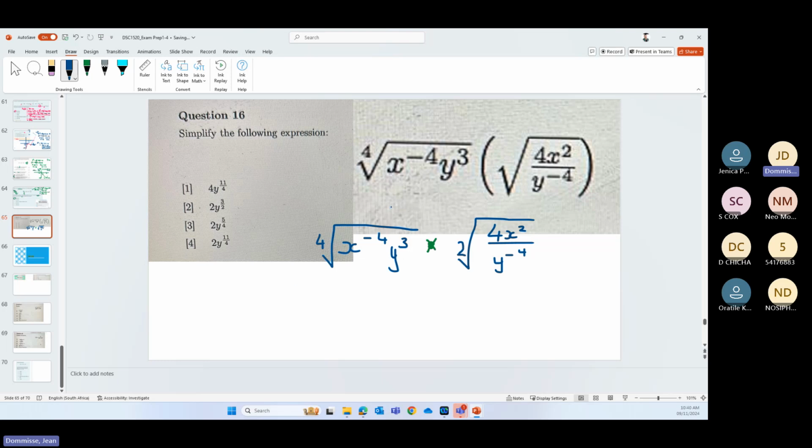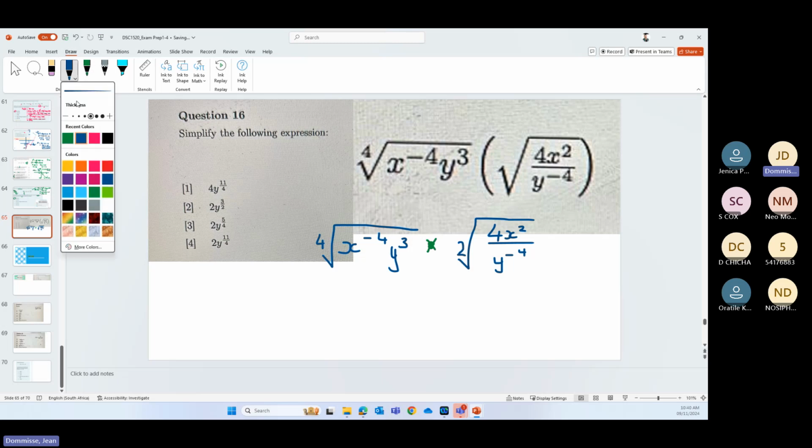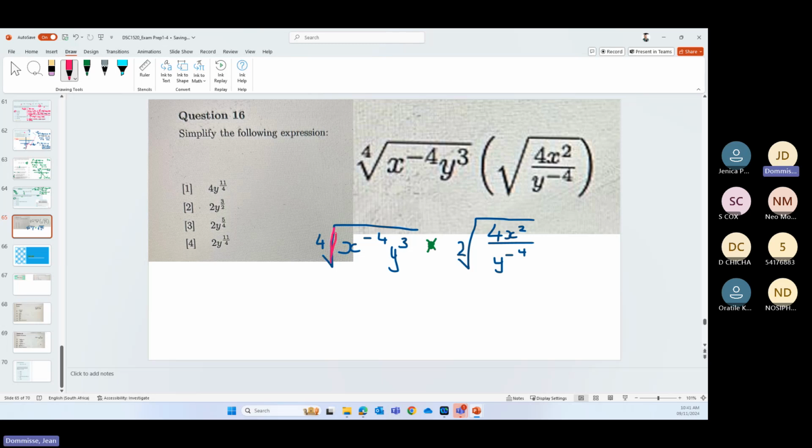Okay, so how I like to look at these, and it just made my life so much simpler when I started working with all these square roots, is to see the square root as a division sign.